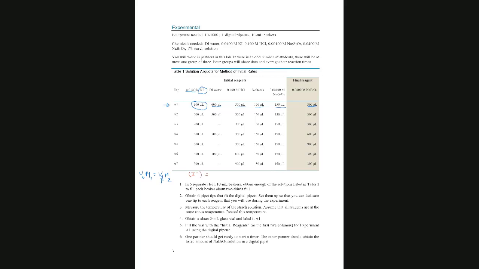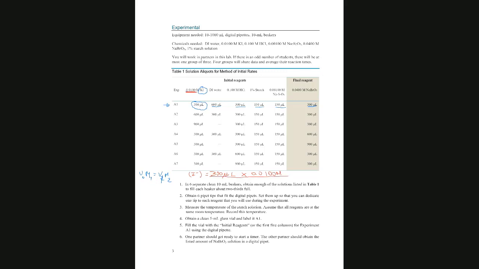It's going to be the volume that I add, the initial volume, that is 300 microliters, times the concentration of the iodine that is given, right here, 0.0100 molar, divided by what?